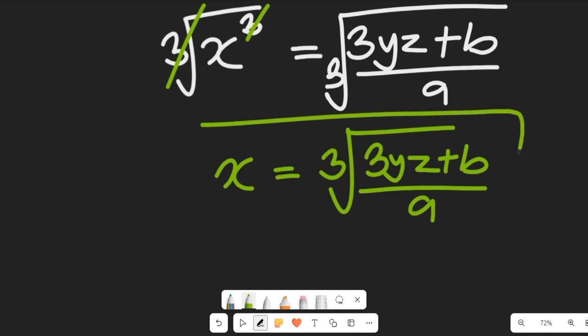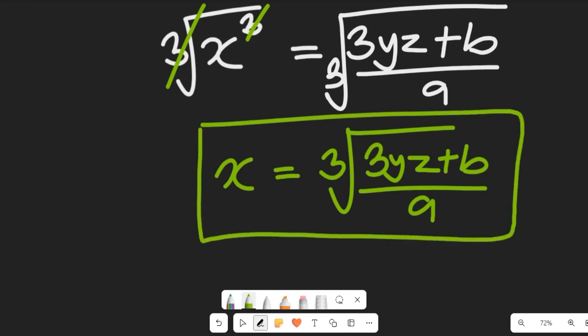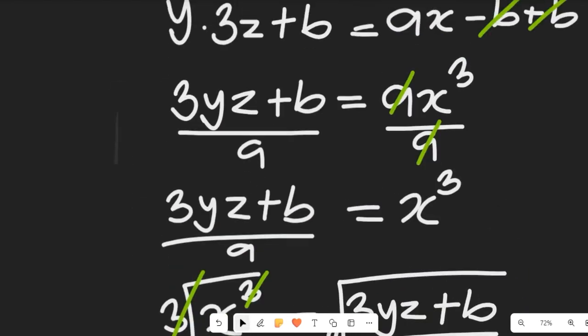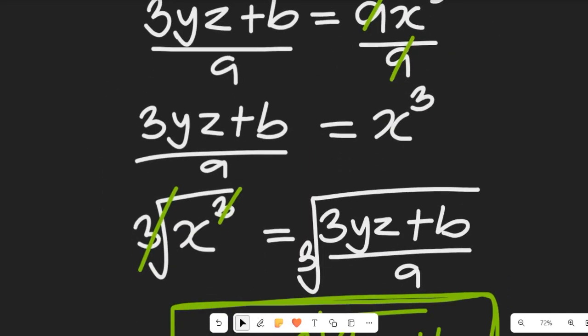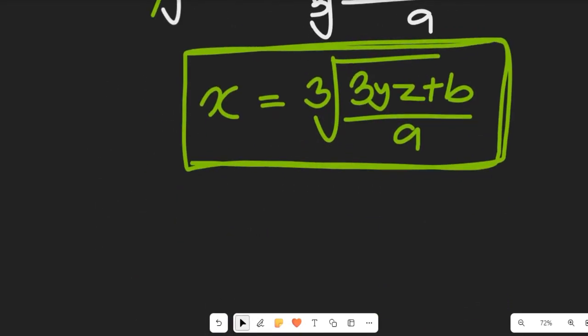Now remember, the question says you should make x the subject of the relation. So x is equal to the cube root of 3yz plus b all over a.